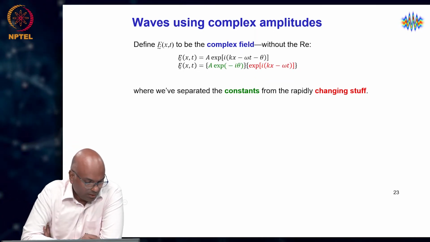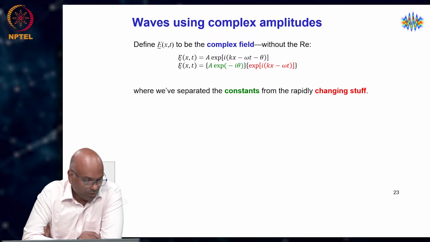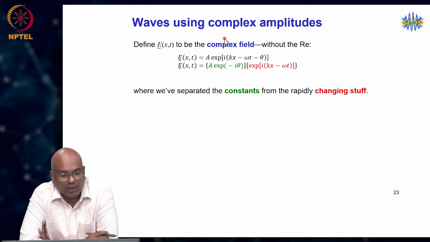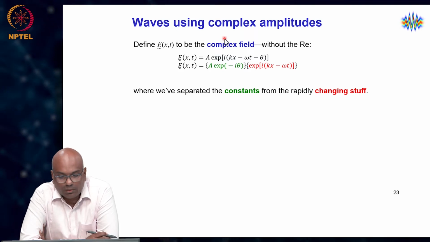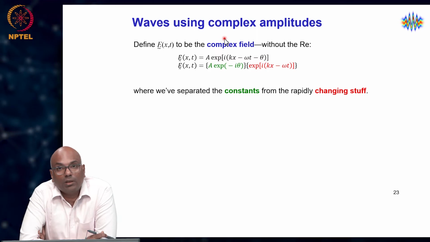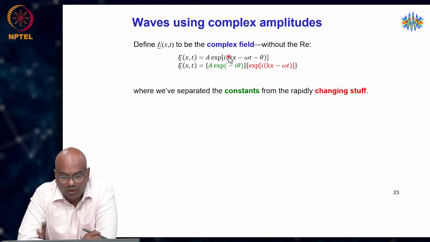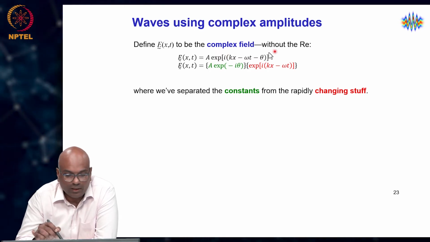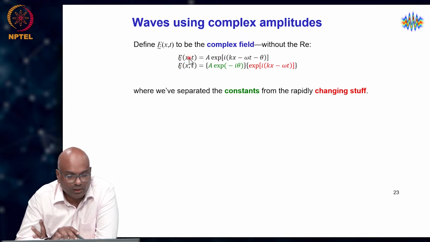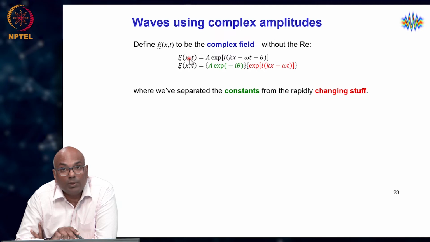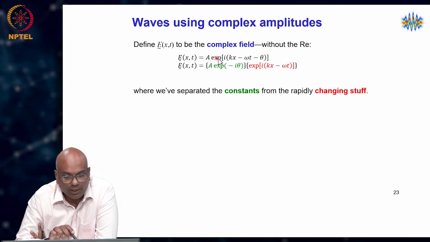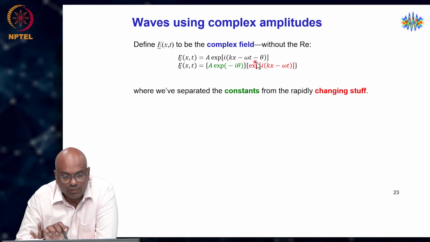Using the complex notation to describe the electric field of the wave has particular advantages, and we have particularly used this form of writing the electric field in terms of the complex valued function, which is equal to the exponent of i kx minus omega t minus theta, right?